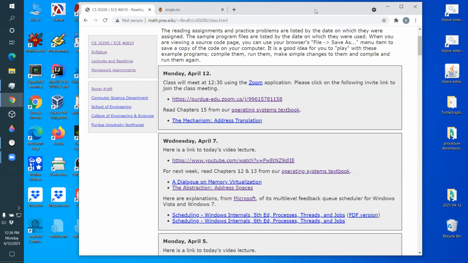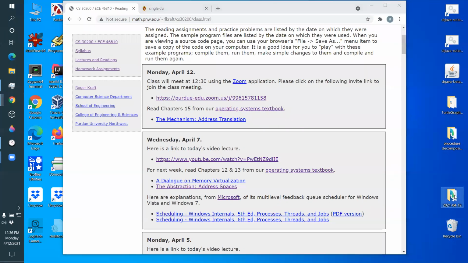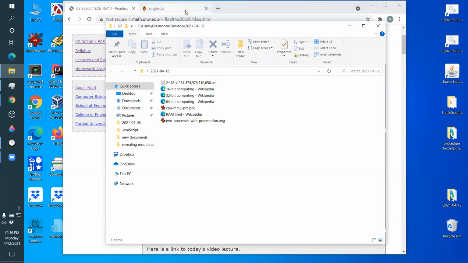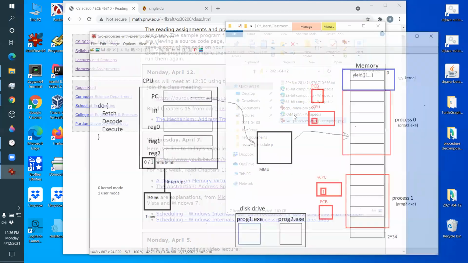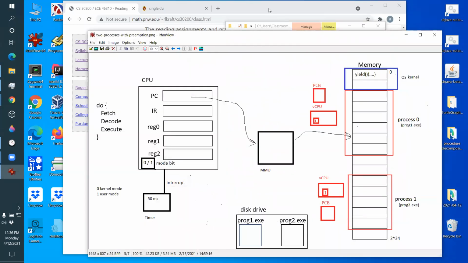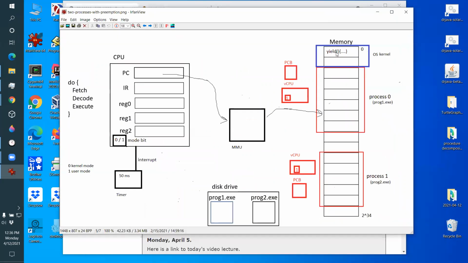Now, one way to think about it before looking at what the book says is to go back to a picture we drew some time ago. We drew this picture when we were talking about the other abstraction, the abstraction of processes. We said that this is an example of two processes running. There was process 0 and process 1 in memory.